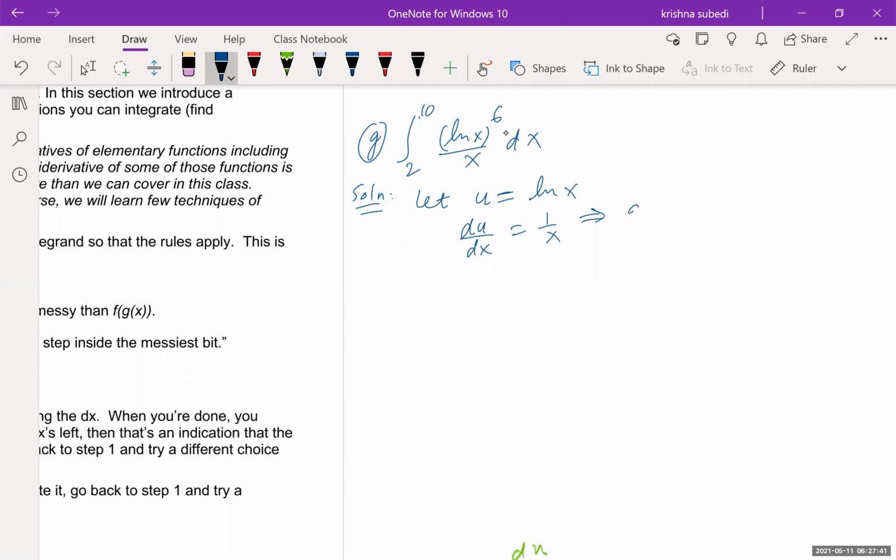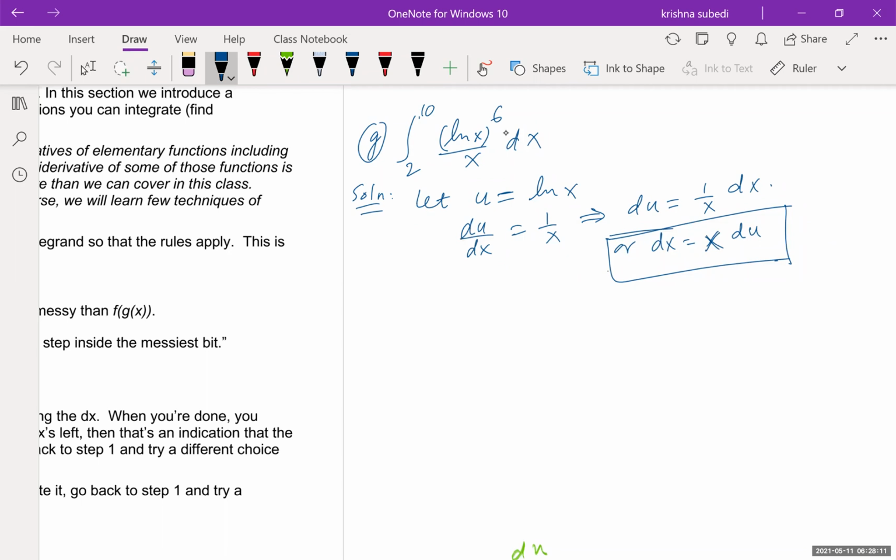Okay, so this gives me du equals 1 over x dx. Or you can solve it for dx, which will be x du. So either this or this, doesn't matter.